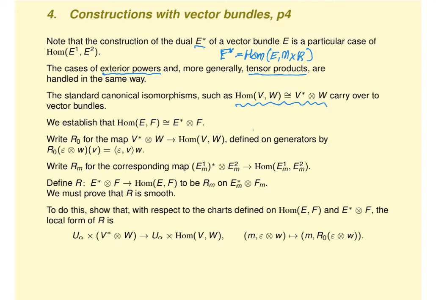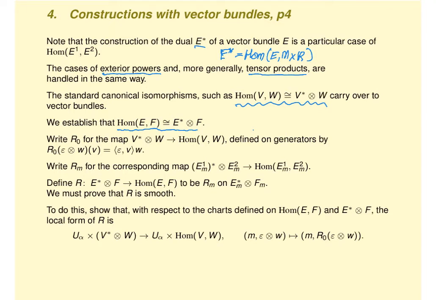And this also carries over to vector bundles. And we can prove that if we've got two bundles, E and F, then the Hom vector bundle is canonically isomorphic to E dual tensor F. So I'll sketch the method, and again, I'll leave the details to you.